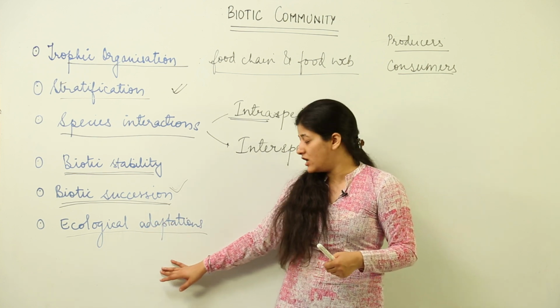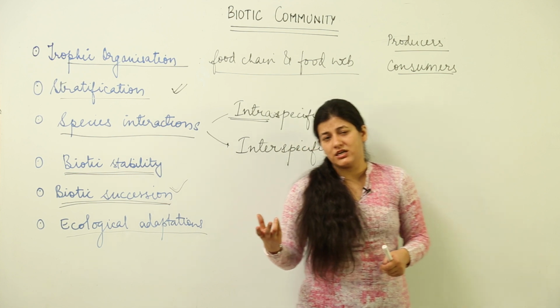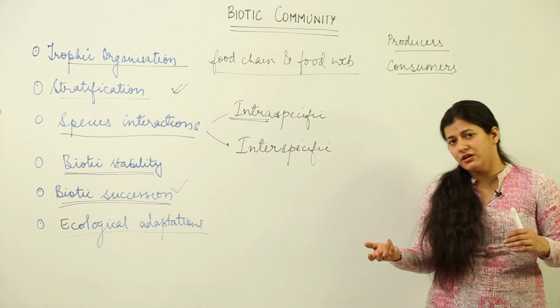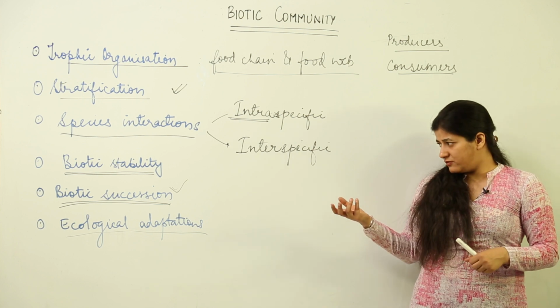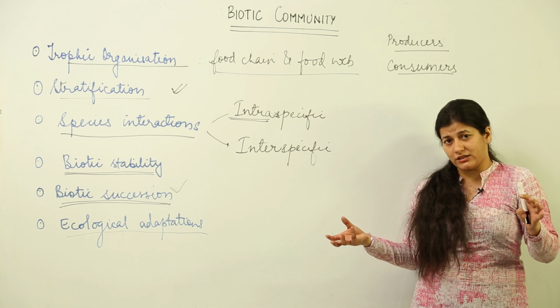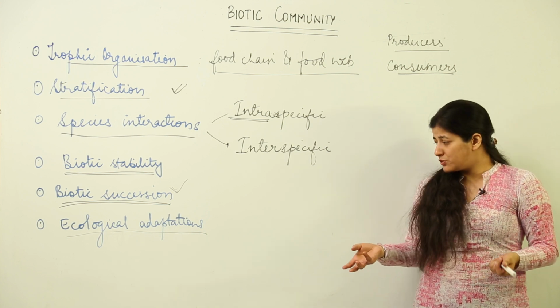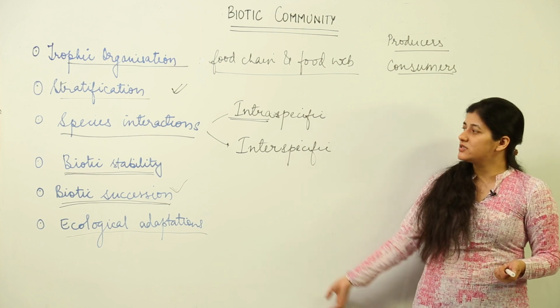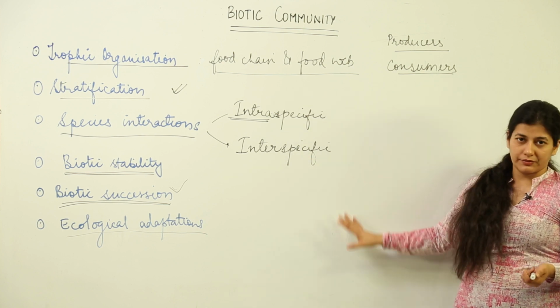So, we are going to see that as well. Simply take the example of camouflage, that is, changing of color in certain lizards so that they are not seen clearly in the surroundings in which they are sitting. That is part of ecological adaptations, and this is part of the entire topic that we have to study.